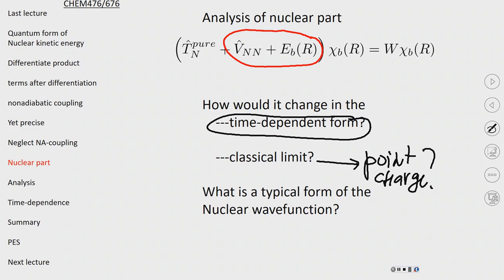What is our goal? For today, I will just declare a goal and briefly go through things, and when we meet next time, I'll go into details. So we want to see the transition. Right now we have two parts: electronic Schrödinger equation and nuclear Schrödinger equation that were derived from general molecular Schrödinger equation.